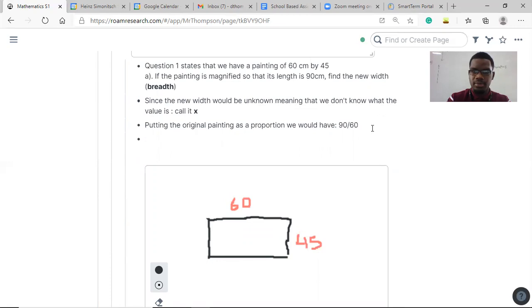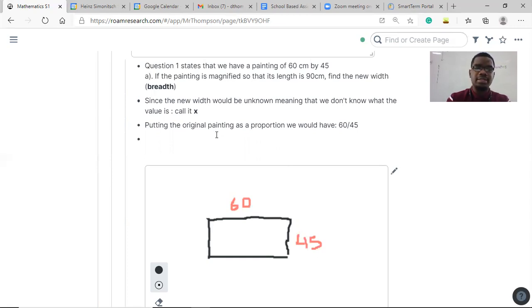Hold on one moment, this needs to be changed. 60 divided by 45. My bad. There we go. So the original would be 60 divided by 45.